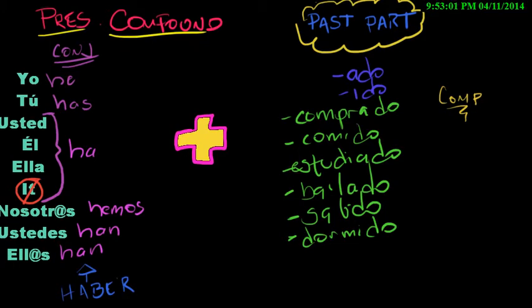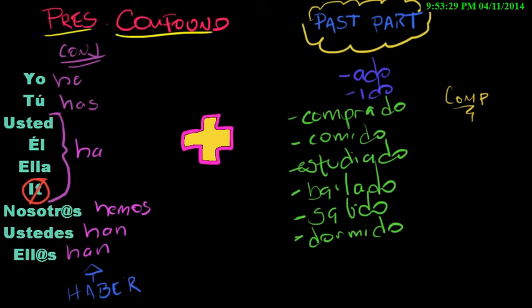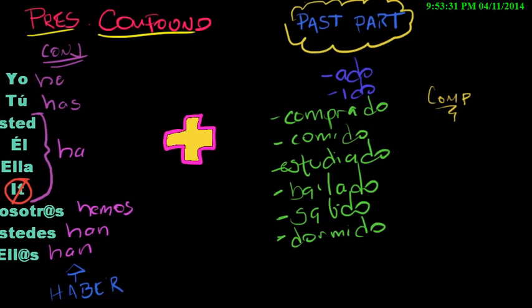We combine the verb haber and all the conjugations. Yo he, tú has, él ha, nosotros hemos, plus the past participle in Spanish, that is the ado, ido forms. Yo he comprado, tú has comprado, usted ha comprado, él ha comprado, ella ha comprado, nosotros hemos comprado, ustedes han comprado, ellos han comprado. Okay, we combine those to form the present compound in Spanish.